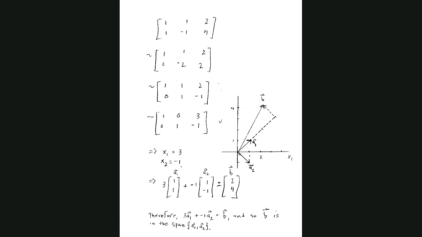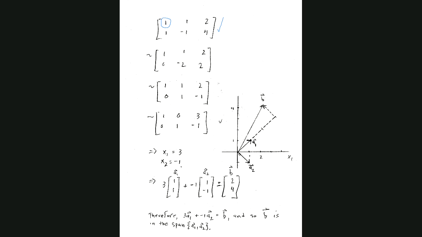So here's the augmented matrix. And we'll use the skills that we learned and try to get this augmented matrix in reduced echelon form. The 1 here is a pivot.